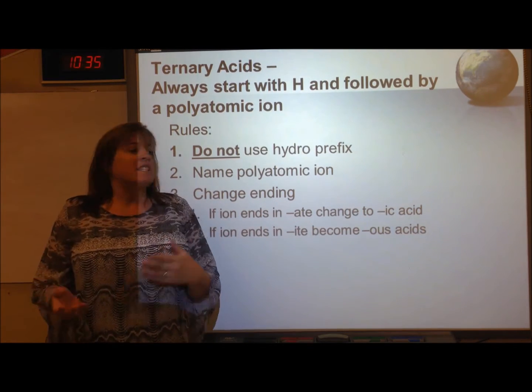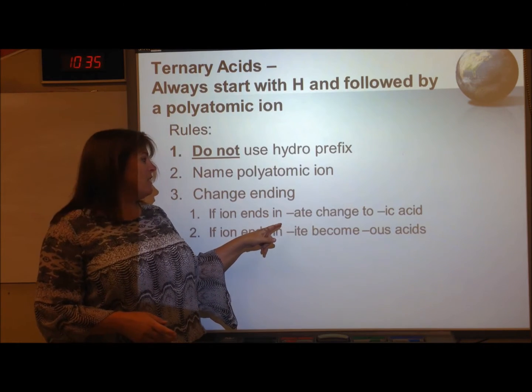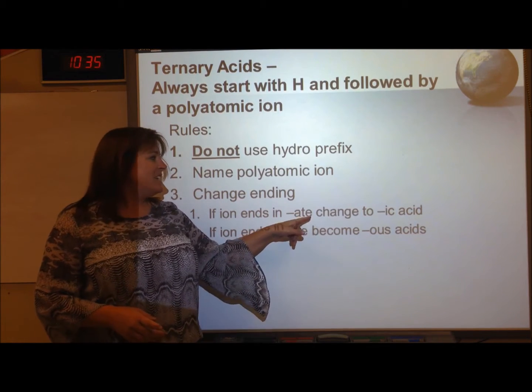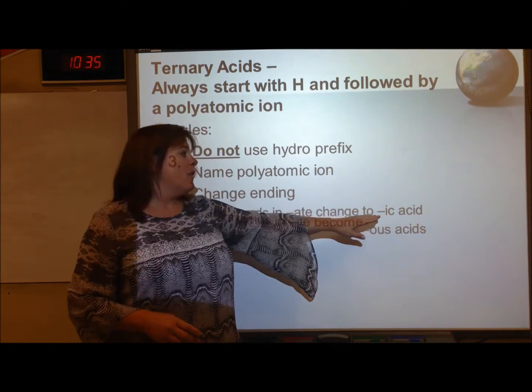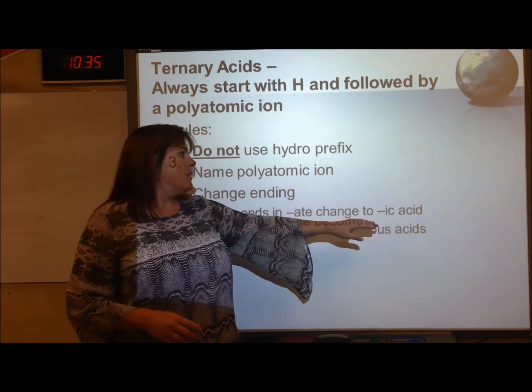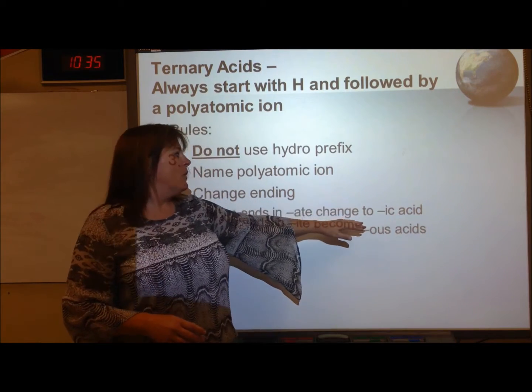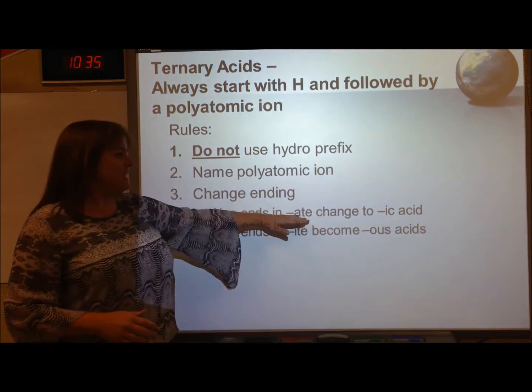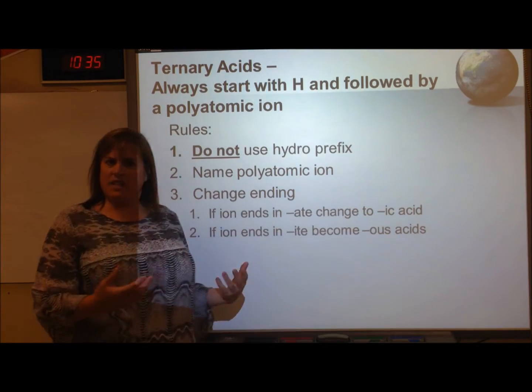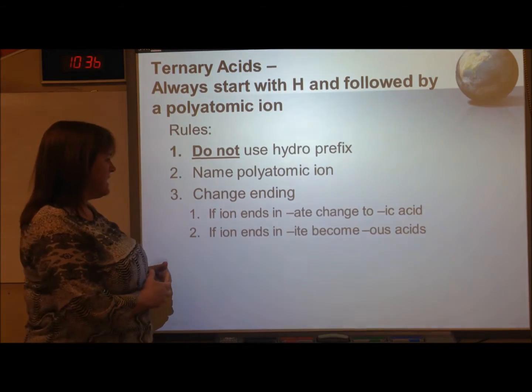So if it's phosphate or sulfate or chlorate, you change the ending to ic. So phosphoric or sulfuric or chloric acid. So ate becomes ic acid, just like we did kind of with the binaries in the last slide.